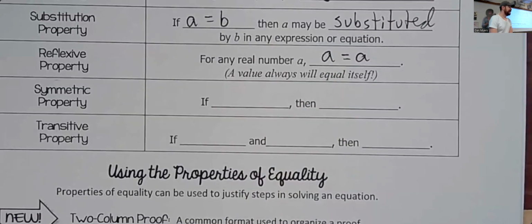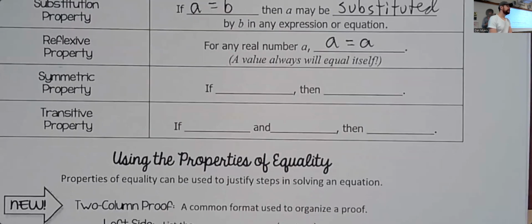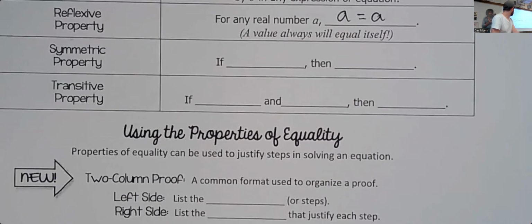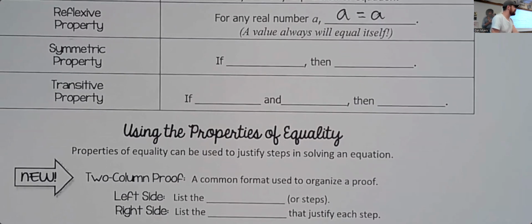A equals A. A number is the same as itself. That one does get used on occasion. Hopefully we come across an example where we do use it, and I'll tell you why if we do.